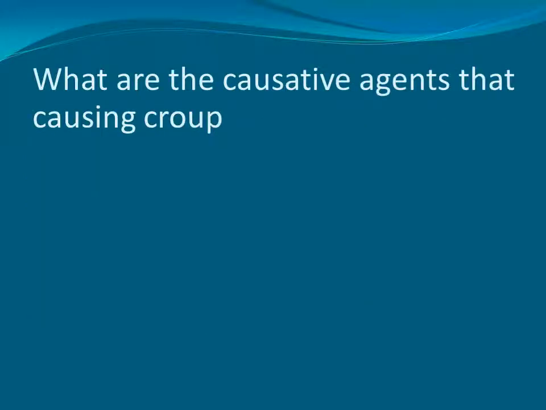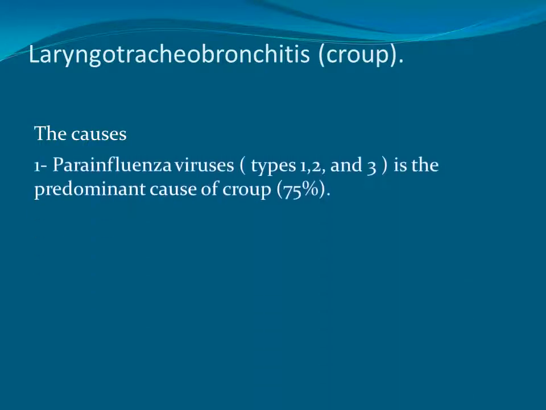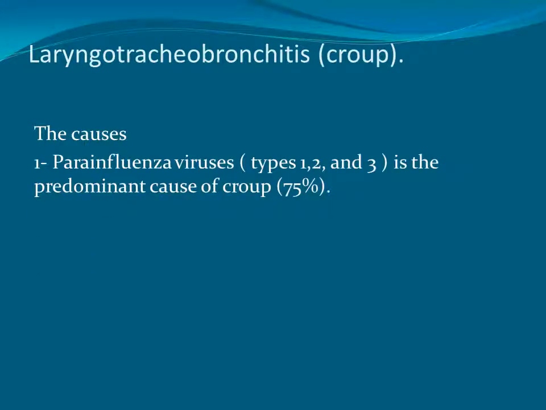What are the causative agents causing croup or laryngotracheobronchitis? As we mentioned, most respiratory problems in children are viral. The main cause is parainfluenza virus types 1, 2, and 3, the predominant cause of croup in 75% of cases.